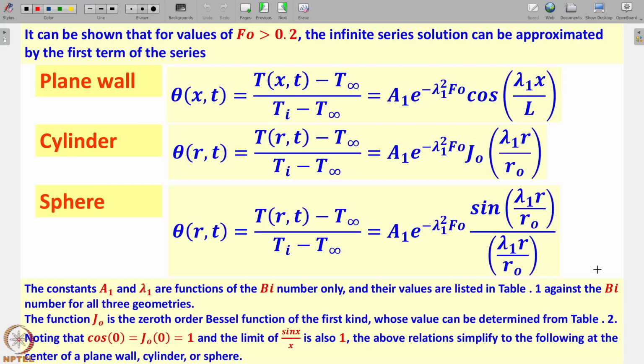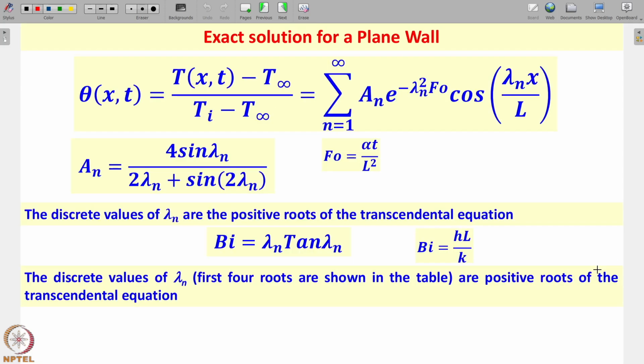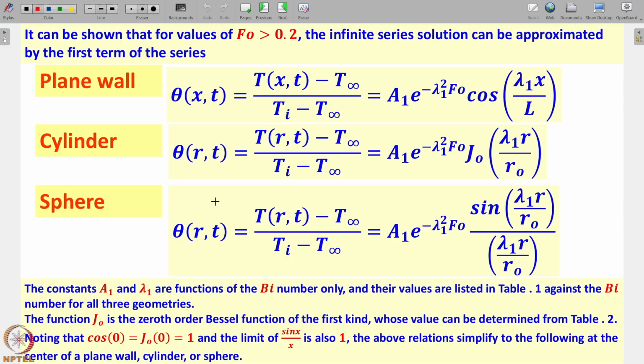So what did we cover in today's lecture? If you recall, we gave the temperature distribution, saying that the exact solution will be of this form, and we gave it for plane wall, cylinder and sphere. What is so beautiful here is that the temperature variation with time, irrespective of plane wall, cylinder or sphere, is exponential, the same as what we had gotten in the lumped body.